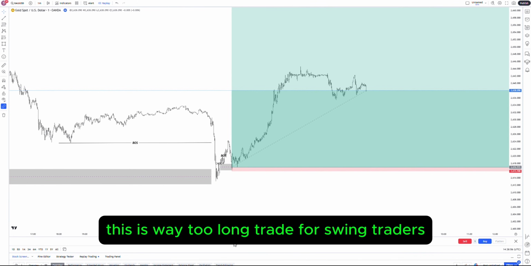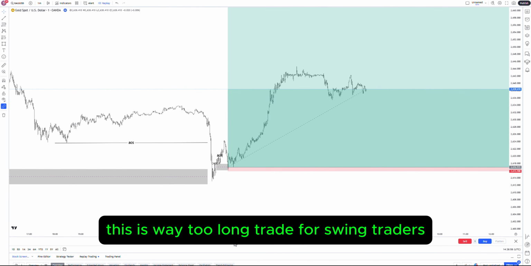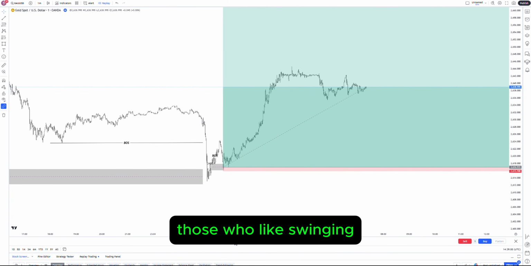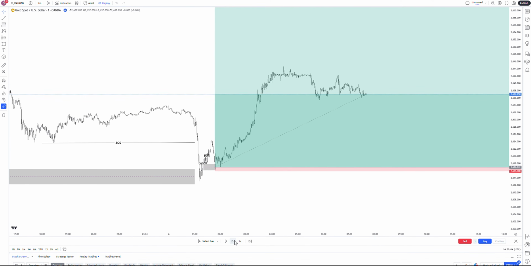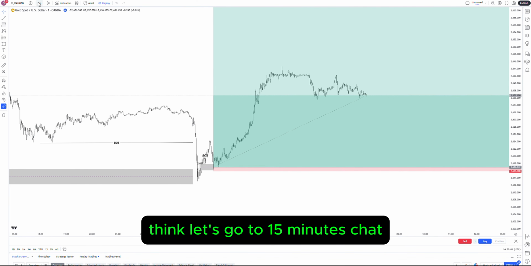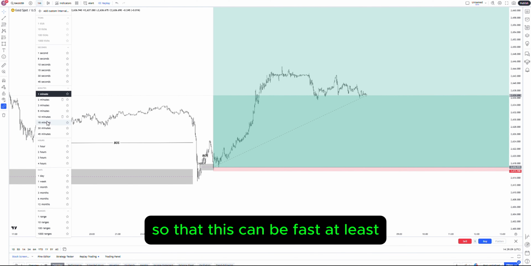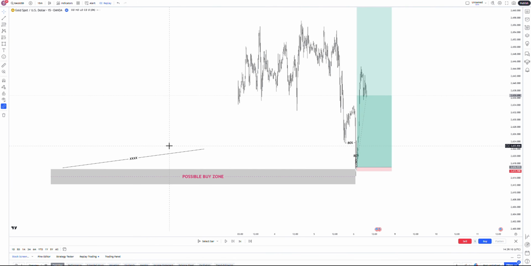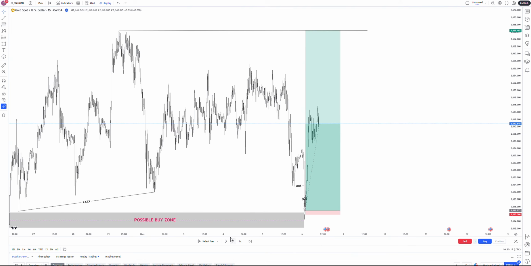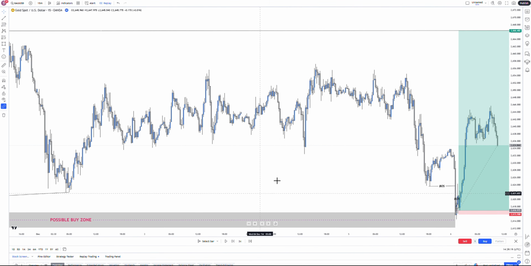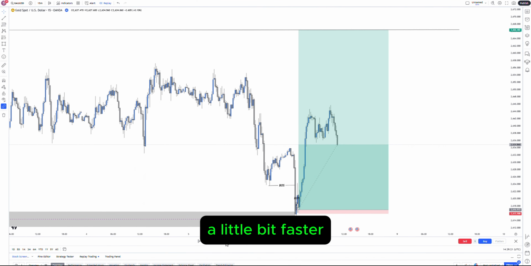This is a way too long trade for swing traders, those who like swinging. This could be good for you guys. Let's go to the 15 minute chart so that this can be faster at least. The 15 minute chart playing out this way, a little bit faster.